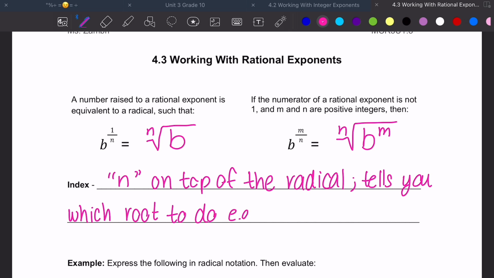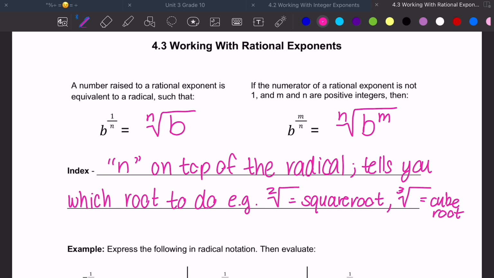E.g., if it's a 2, that equals square root. If it's a 3, that means cube root, and so on. On your calculator, you can cube root, fourth root, fifth root. That one's telling you essentially how many times you're going to root this number. Okay, so don't be alarmed.